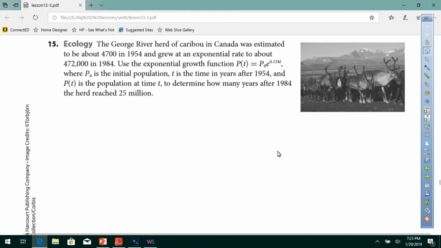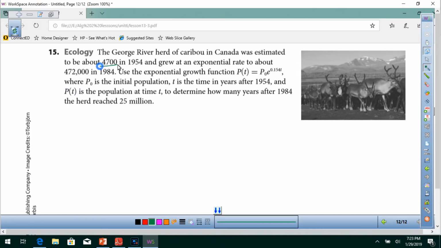The George River herd of caribou in Canada was estimated to be about 4,700 in 1954, and grew at an exponential rate to about 472,000 in 1984.